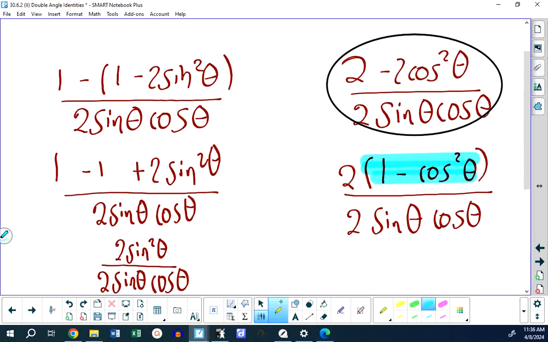So it doesn't matter that there's one of the identities for cosine of 2 theta that gets us there quicker. The other ones will still get you there. So again, this is sine squared of theta, this whole thing. So you're left with the same thing, right? These are identical. And that's it.